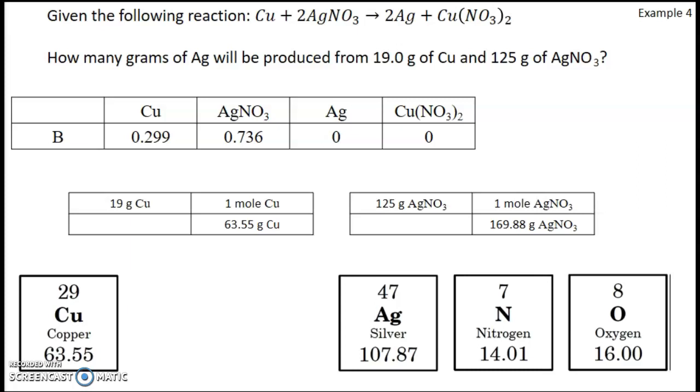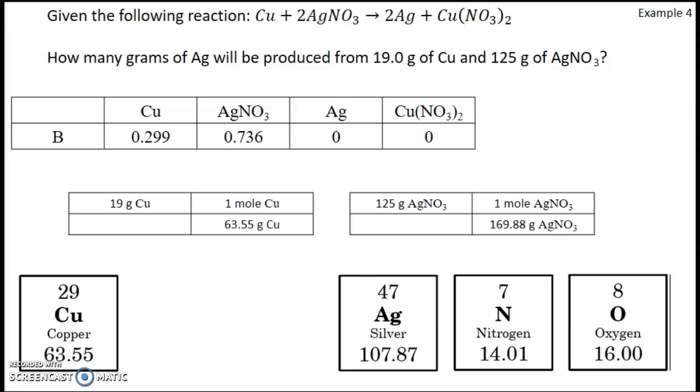So we go to the periodic table, we look up the masses of the elements involved, we set up railroad tracks to convert the masses given in the problem to moles. 19 grams of copper, there are 63.55 grams of copper in a mole, gives us 0.299 moles of copper, and we can put that into our table.